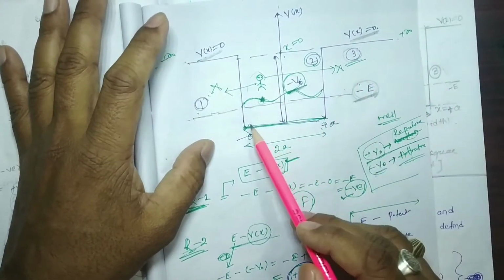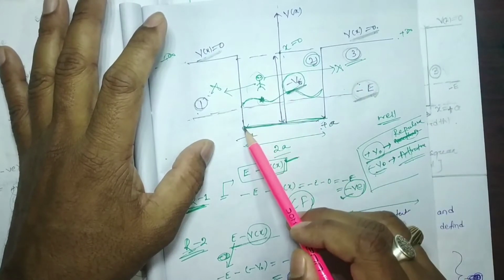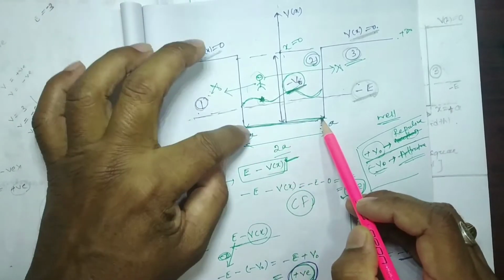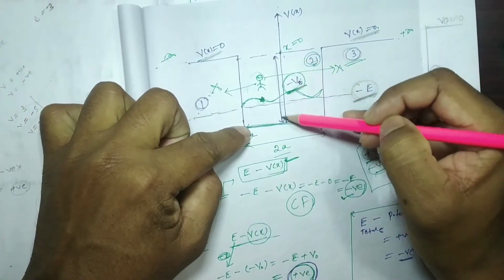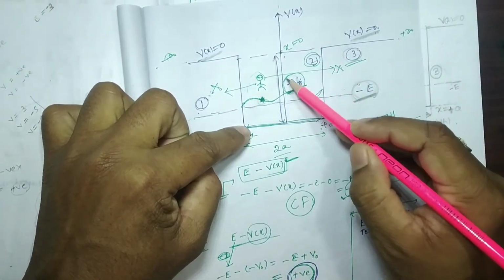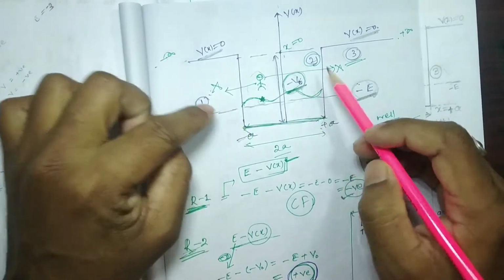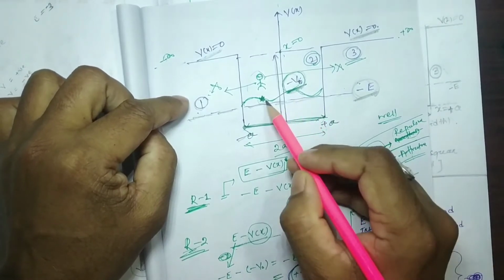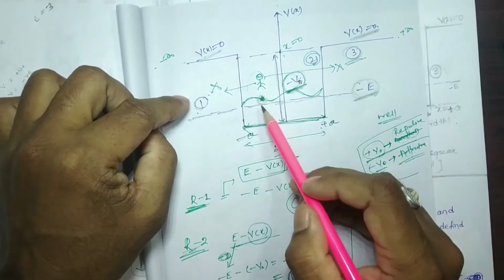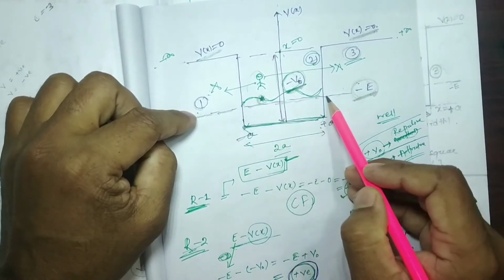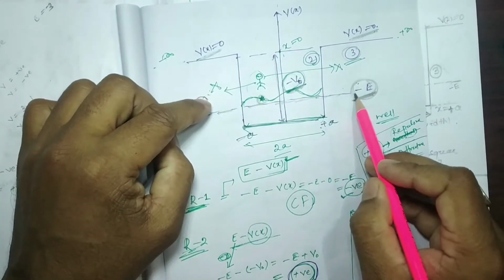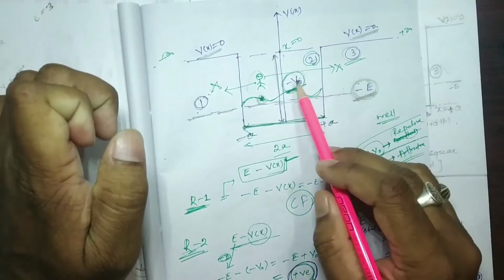In the region from minus a to plus a, what will be the potential? The potential is minus V0, right? And we consider that the total energy of the particle is minus E, which is greater than V0.